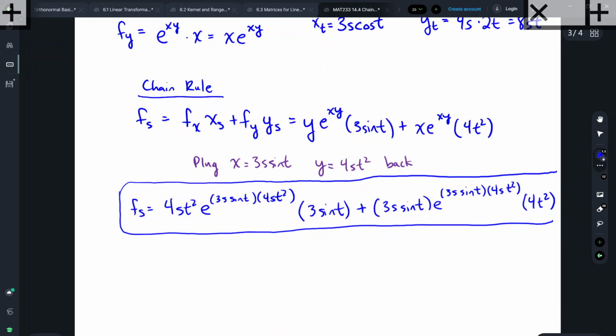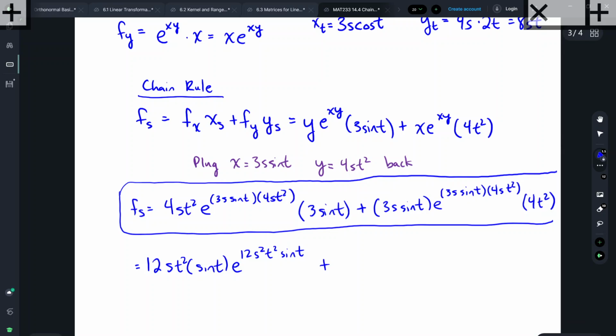But if you want to simplify, there are some things we can do here, right? So I can multiply this out, and I can also bring this in front, right? So 4 times 3 is 12, and then I have st squared times sine t, and then the exponential, so multiplying up top, 3 times 4 is 12, then I have s squared t squared sine t.